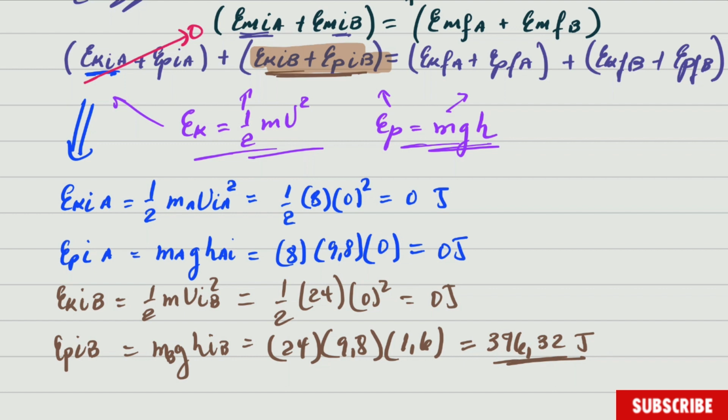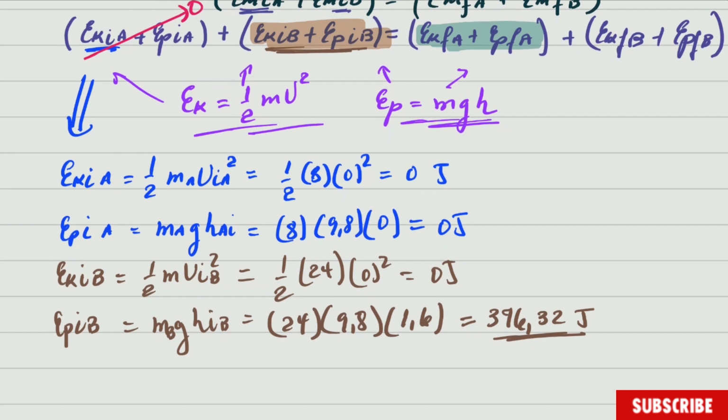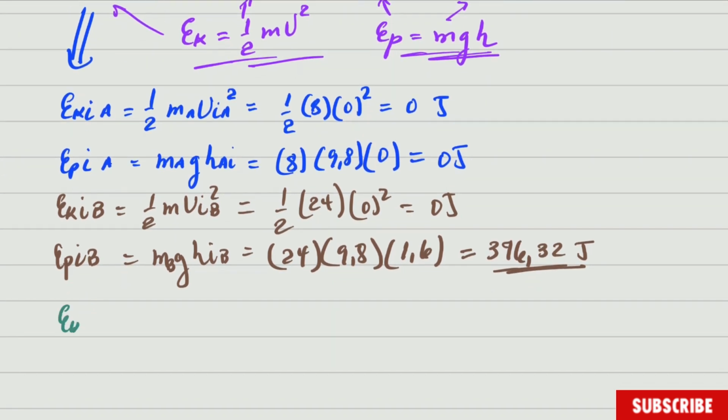Let's go to the final. So let's do all the calculation for the kinetic and potential energy final of A. Kinetic energy final A is equal to half mass A final velocity or speed A to the power 2. Now this final velocity A is going to be the same as the velocity final for B. That is an important detail here to know, and it's unknown, we don't have it.